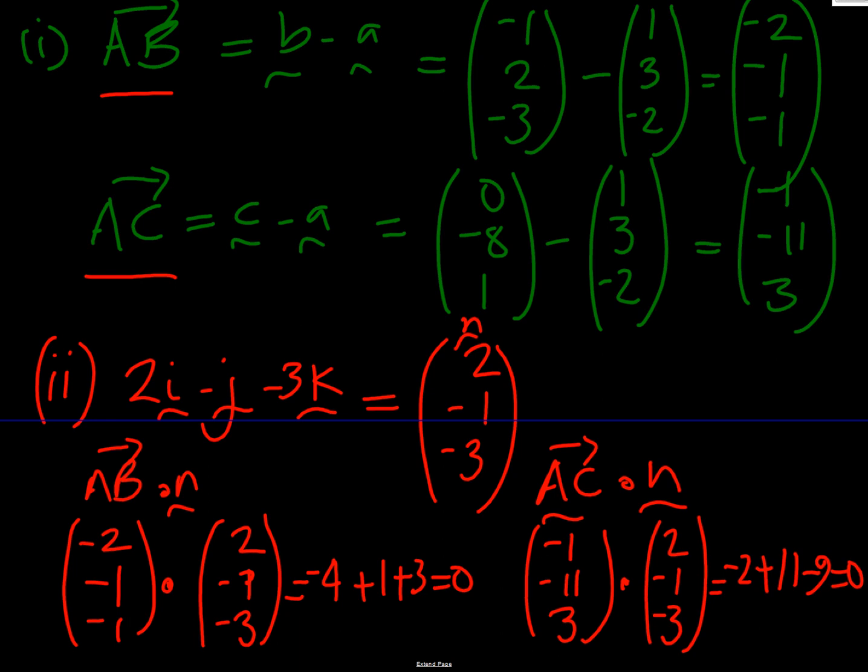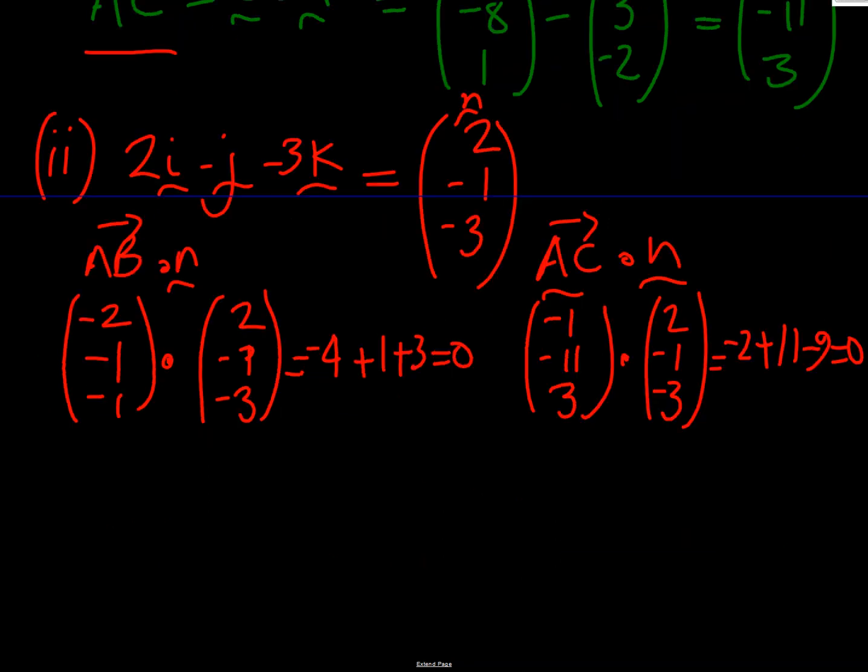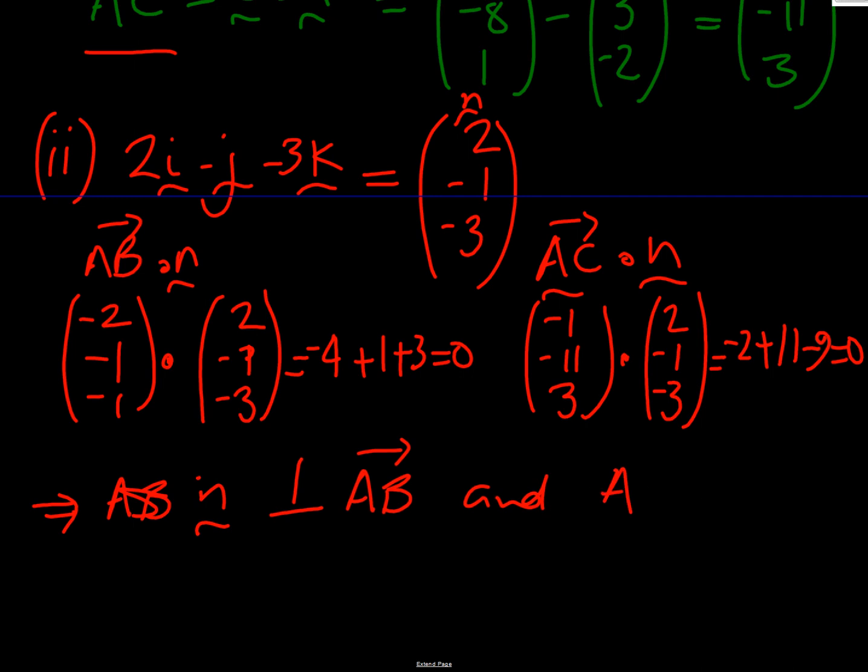That lot equals 0. Therefore, we've proved that the vector n is normal to AB and AC. Therefore, it's normal to the plane.